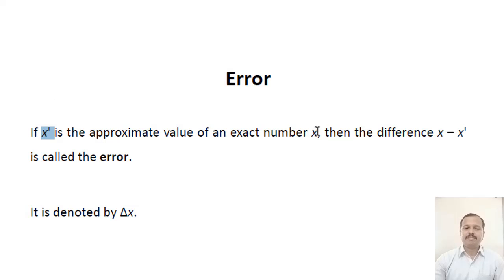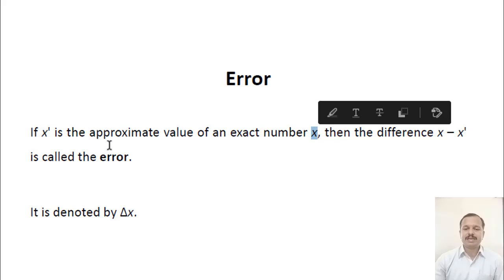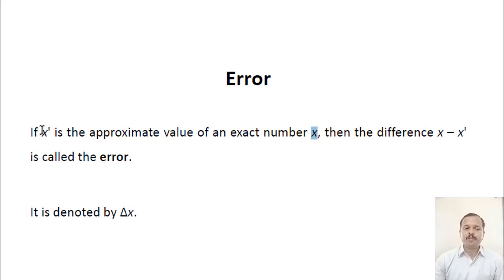You have seen by rounding off the given number x, the value which we obtain is called as an approximate value. Or we can approximate the given value in any other different way and can take the approximation of that as x dash. So here we have to understand x is the exact value and x dash is its approximation.